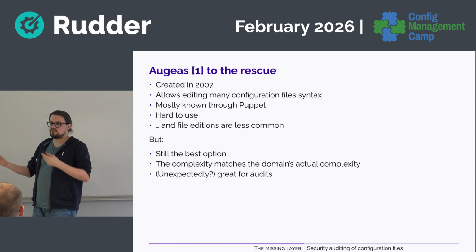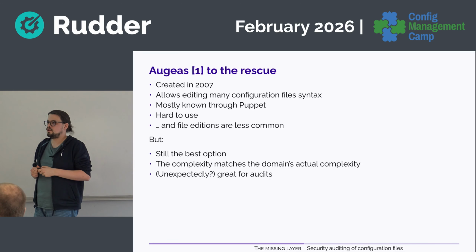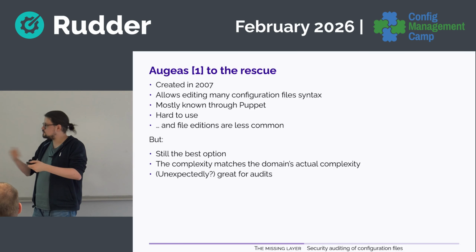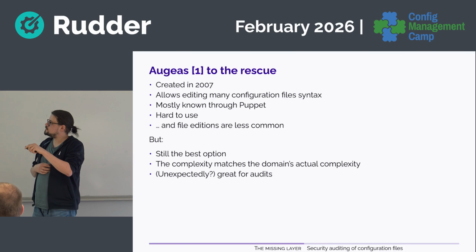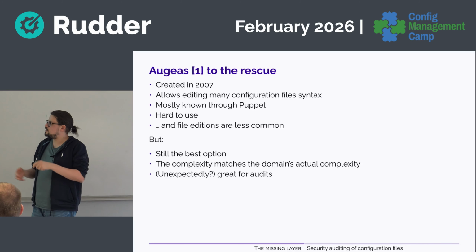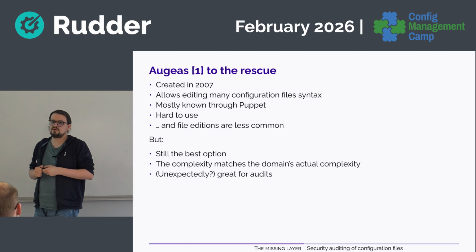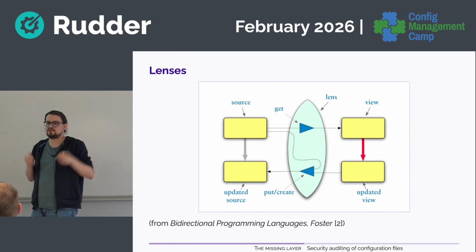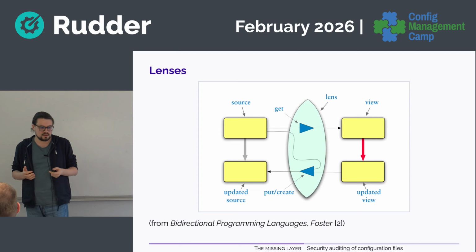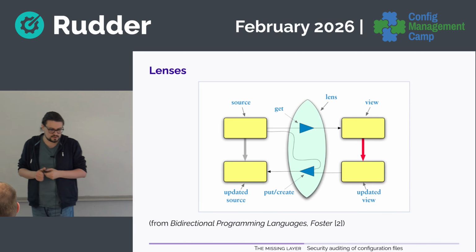And there we can make any transformation we want on this representation. We can work on the tree, do whatever we want, and at the end we can decide to write it back, and it will preserve the syntax and just modify what has been changed. So this gives this two-way vision that is great, because a lot of other tools are write only, especially in the configuration management domain. And here we have this visualization step that is great for audits.